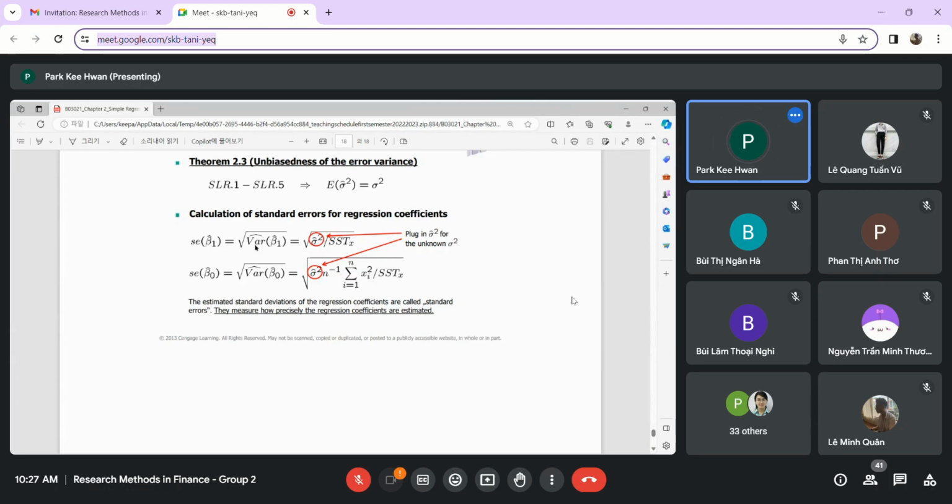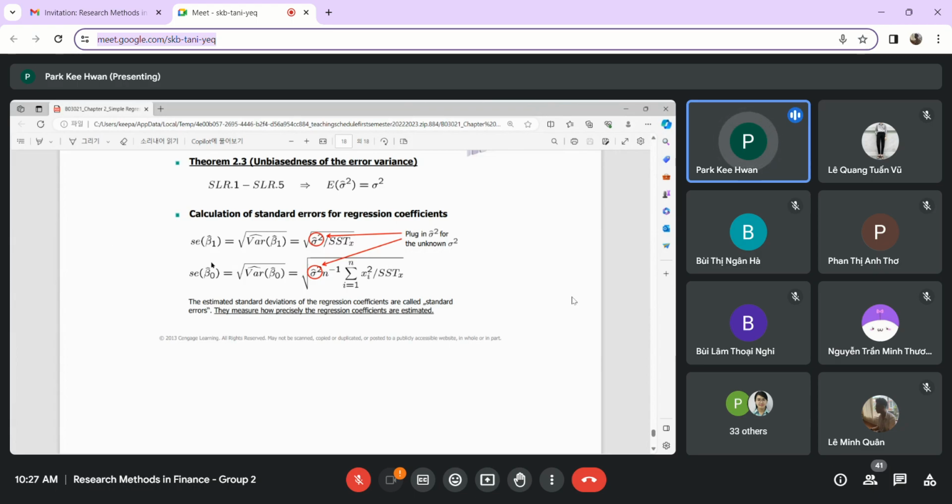Now, on the last page, we have the variance as the ratio of sigma squared divided by the total sum of squared, SSTx. But here, instead of the population variance of the error term, we plug in an unbiased estimate, sigma hat squared, for the unknown sigma squared.